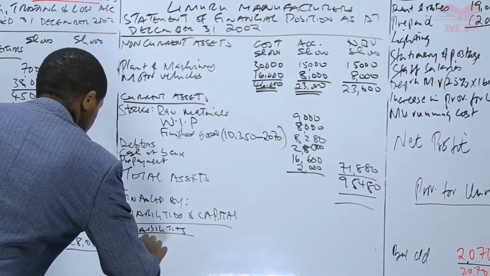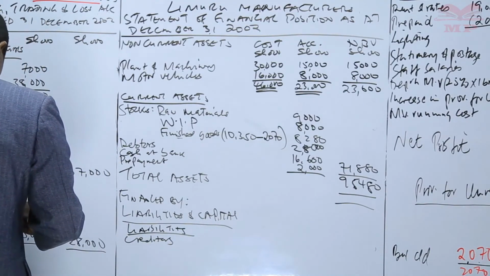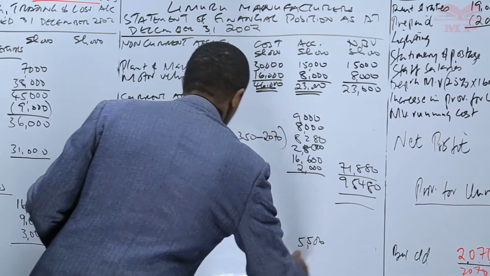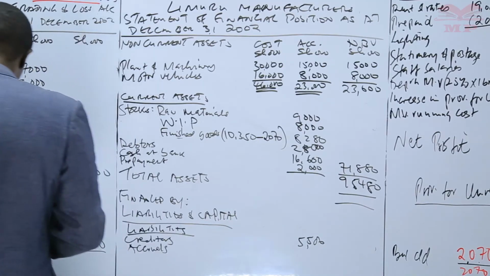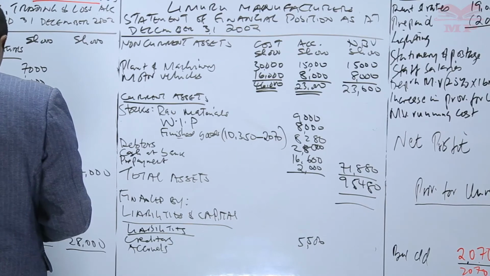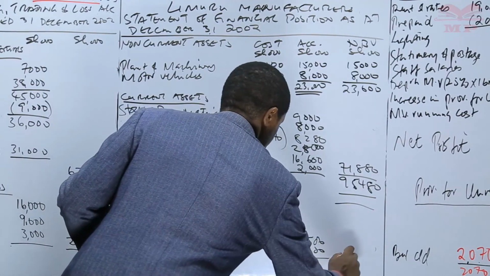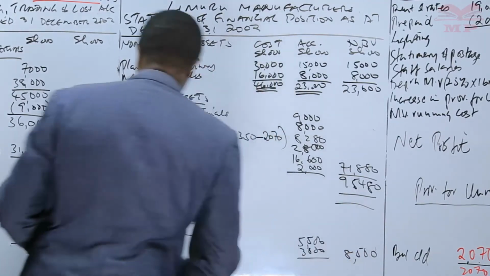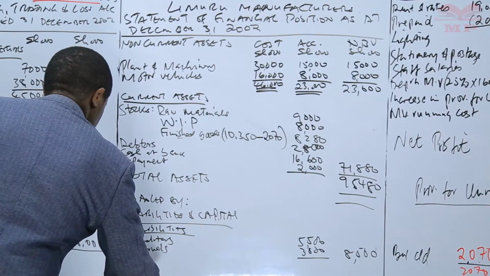One, creditors of 5,500,000. Then we have accruals. From the additional information, we have accrual of 3 million, giving us a total here of 8,500,000.